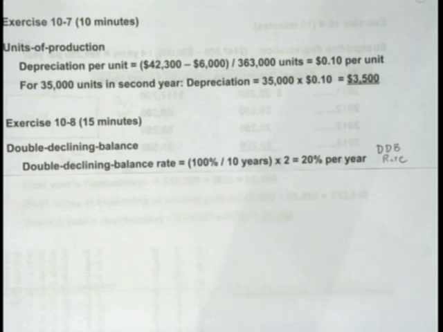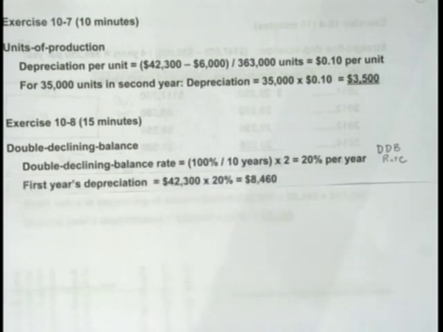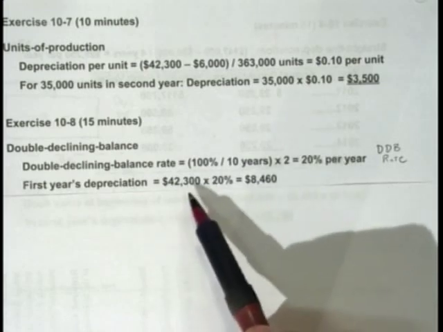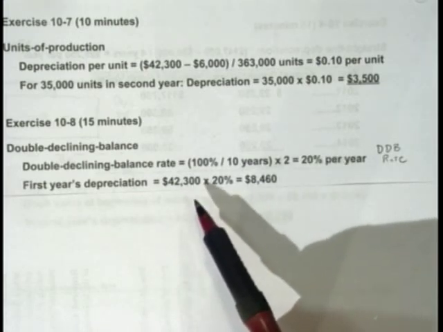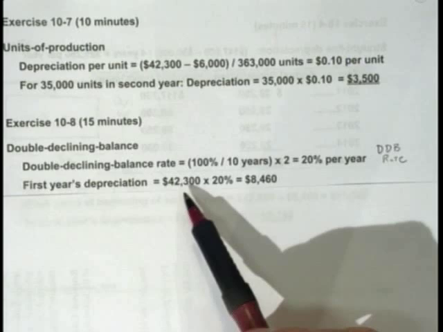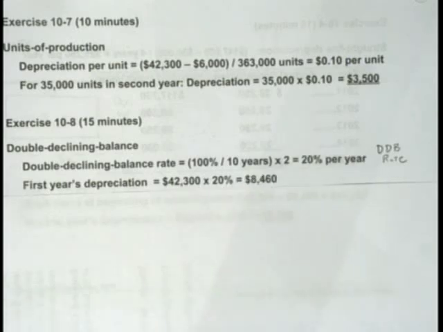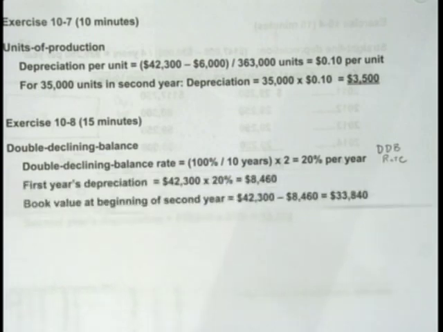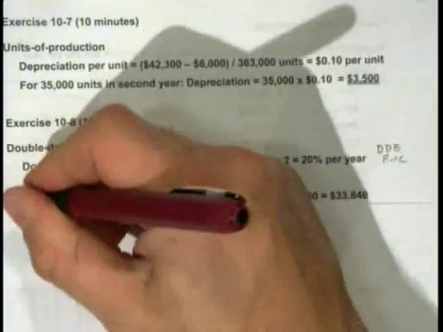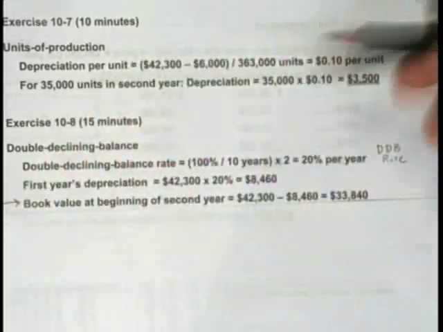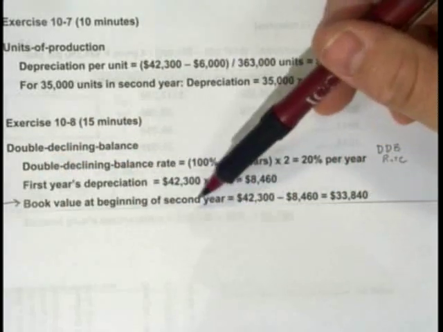Okay. Now, they're asking for the second year, but we have to do the first year, don't we? So the first year, the depreciation is the cost minus the accumulated depreciation, of which there's none. So it's just $42,300 times 20%, $8,460 is the first year's depreciation. Correct? The second year depreciation, well, first of all, they do this preliminary step, and they say, what's the book value at the beginning of the second year?